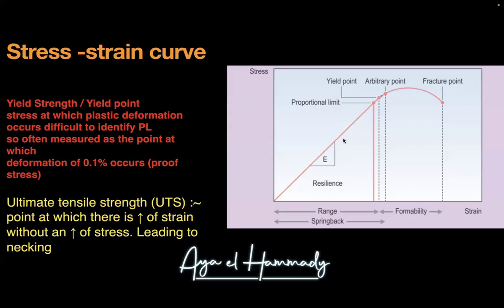So let's tell the story from the very beginning. In this part, I give the body an amount of energy and it's going to be stored because it's the proportional limit or the elastic limit. During the release of this energy, it's going to head back to its original shape. So this is the elastic part. Good. What about the yield point? Here, I gave a little bit more stress. A little bit of deformity happens, 0.1.